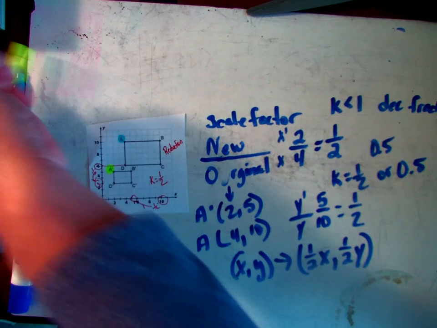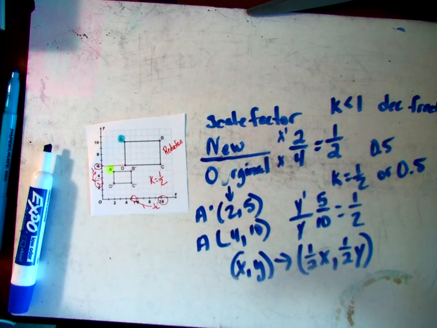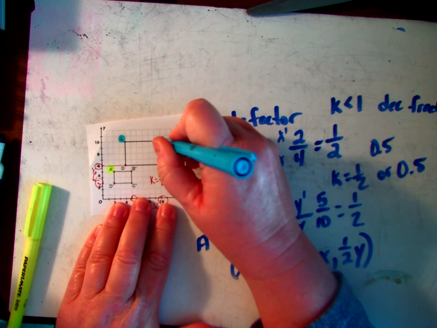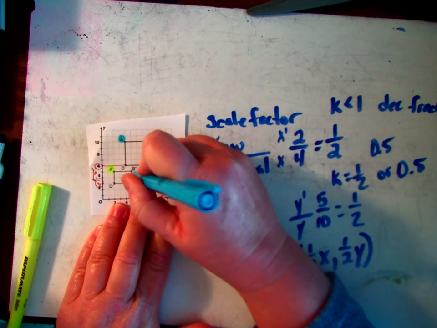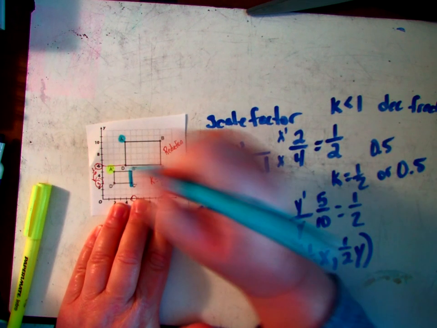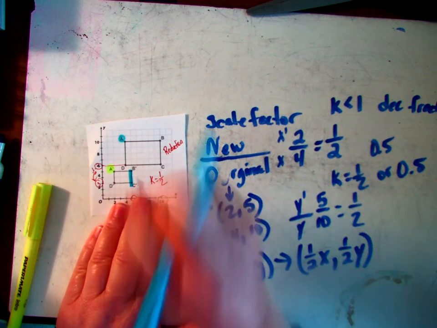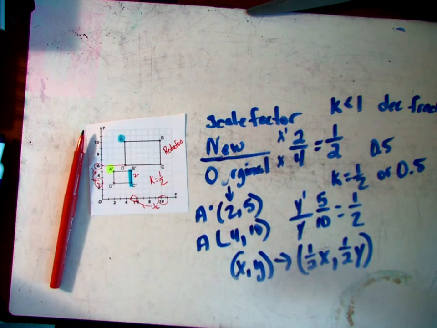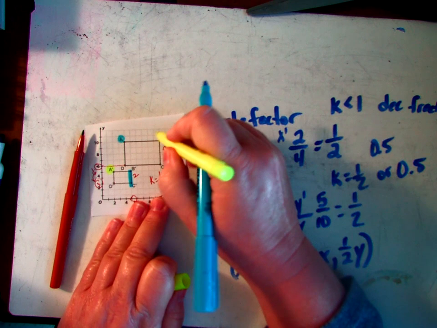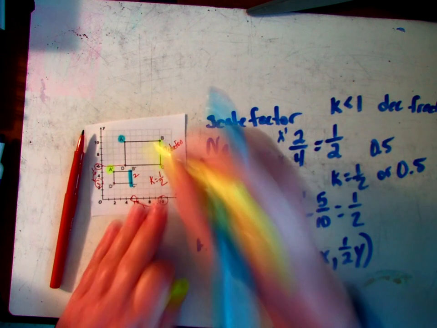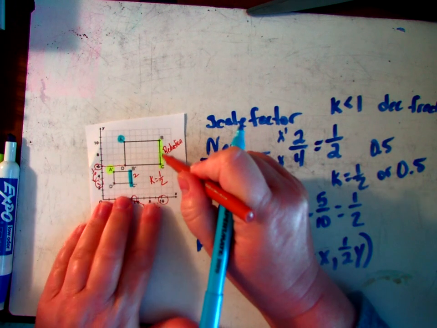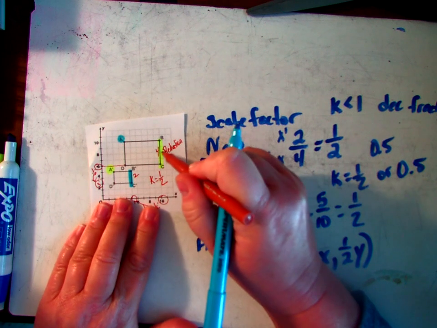There's even another way to look at that, if you can count a side measurement. Look here, B to C. The new one was 2 long. The original one is 1, 2, 3, 4 long.